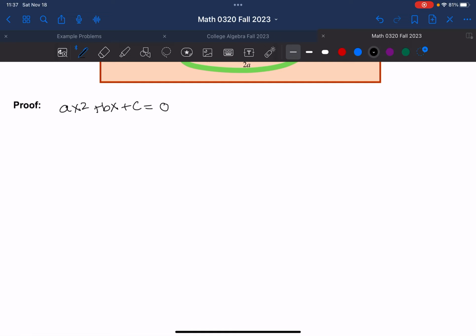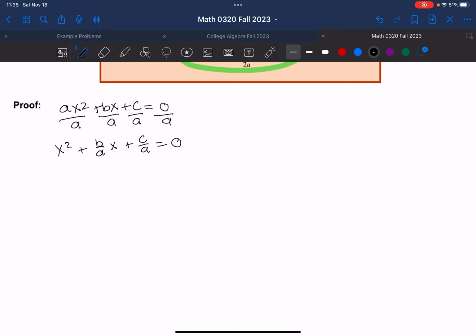Okay. They want to see if they could get this in terms of just x. And so what they did first with this equation is that they divided everything by a. When they divided everything by a, the first a's canceled, so they're left with x squared plus b over a x plus c over a is equal to 0.